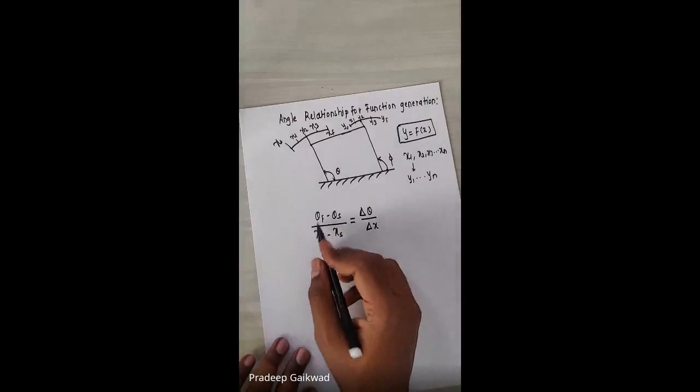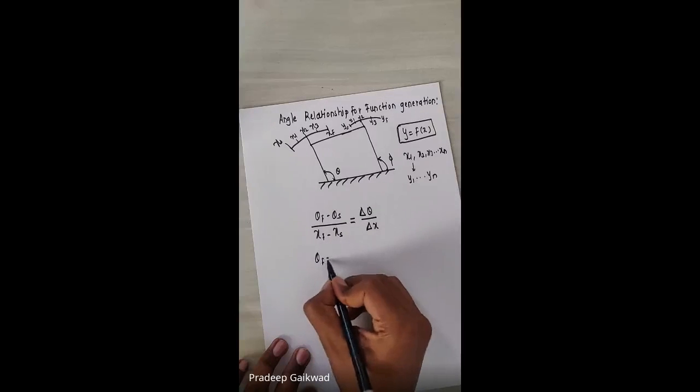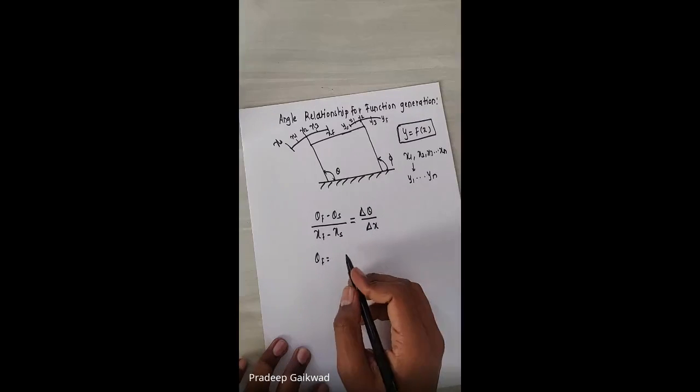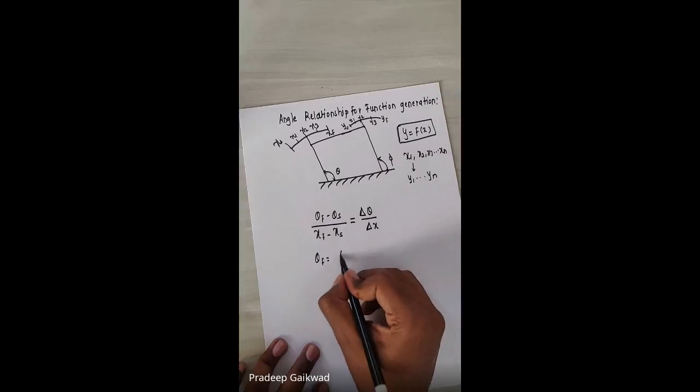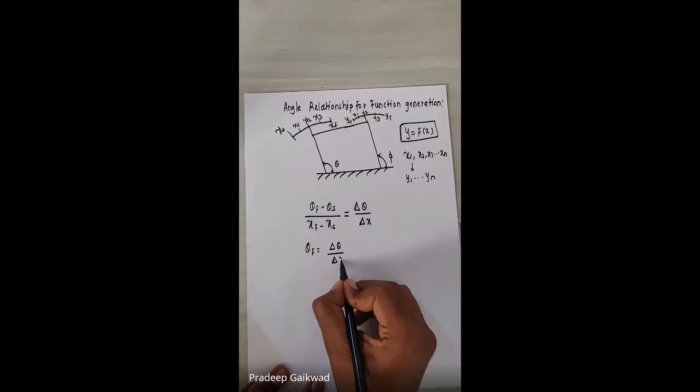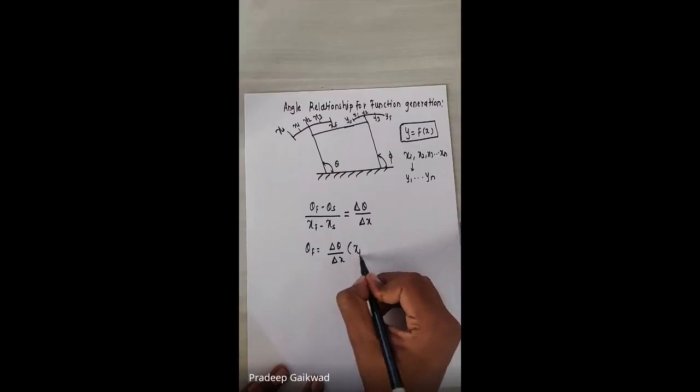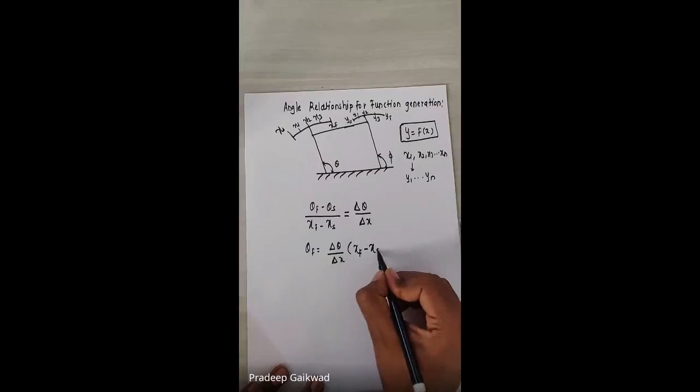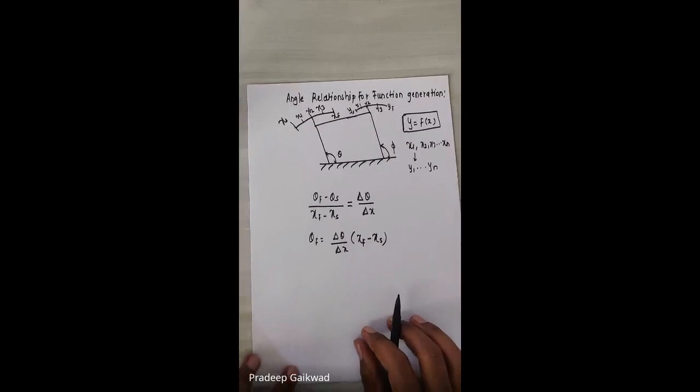Further I can write like this: taking this to the other side, theta f minus theta s is equal to delta theta upon delta x into (x of f, that is final, minus the initial starting point).